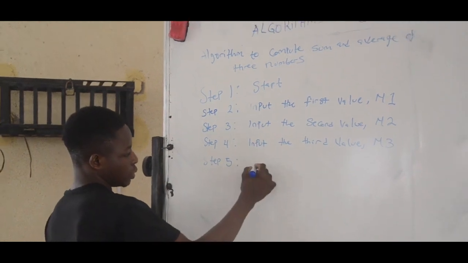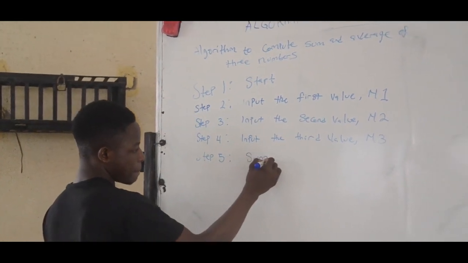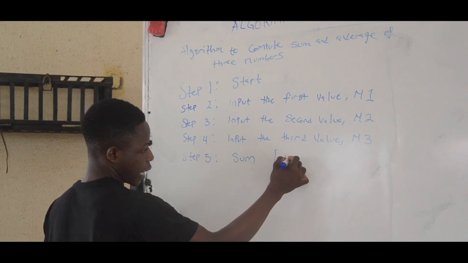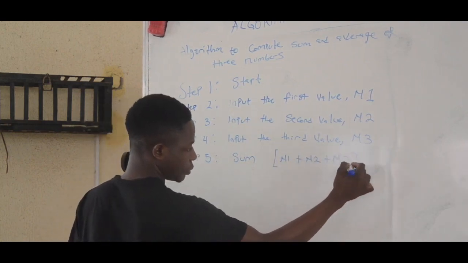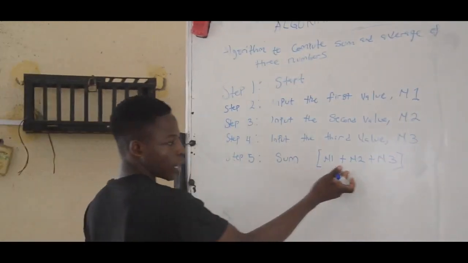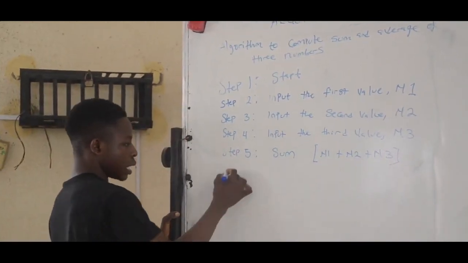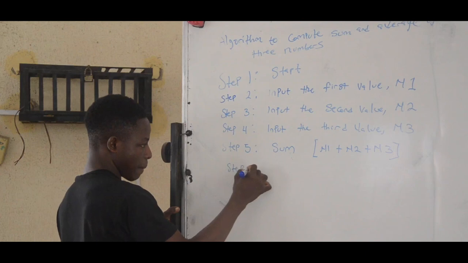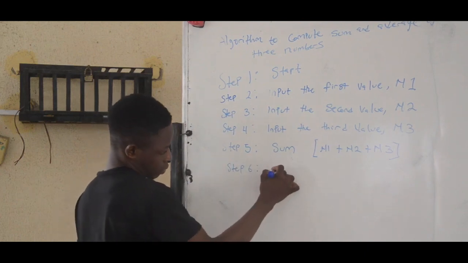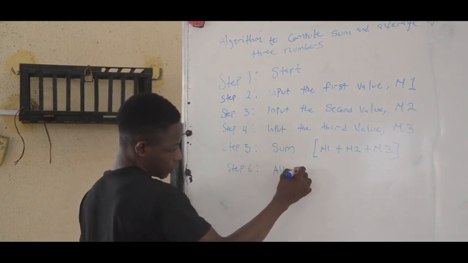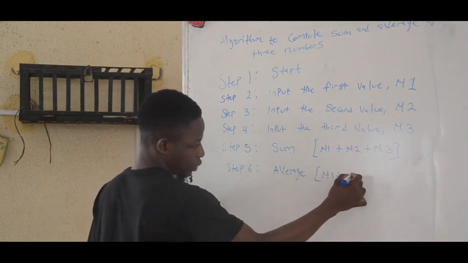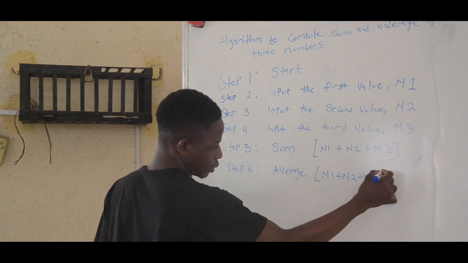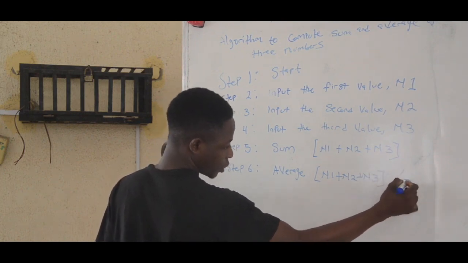So now the sum is N1 plus N2 plus N3. So here we try to add the 3 values together. Now your step 6, average: N1 plus N2 plus N3 divided by 3.